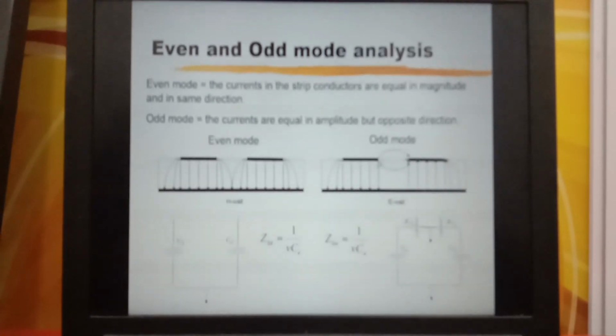Therefore, there is electric field coupling from one line to another. So the capacitance that the signal will experience will be different. That capacitance is CO, or the capacitance under odd mode excitation.